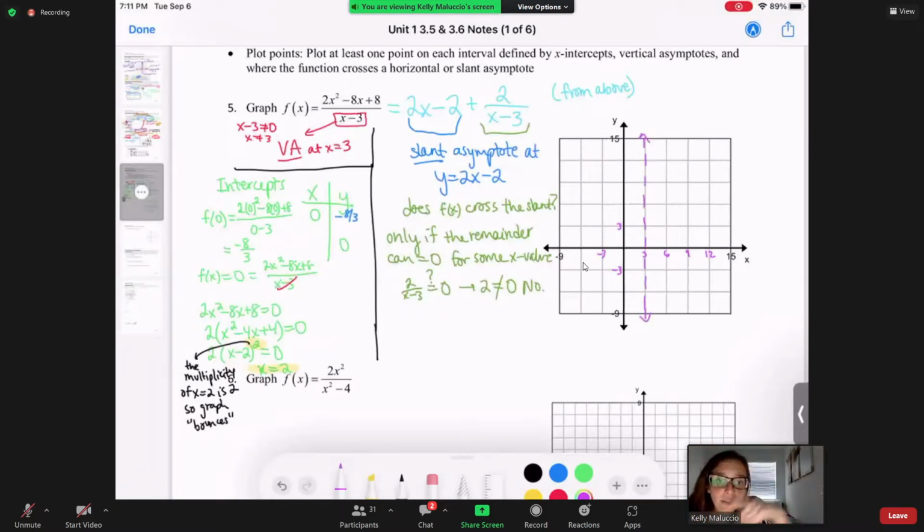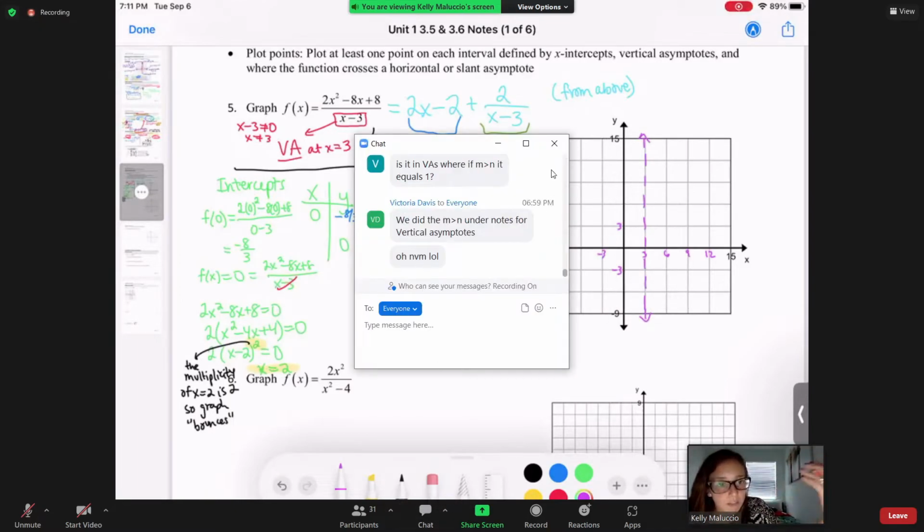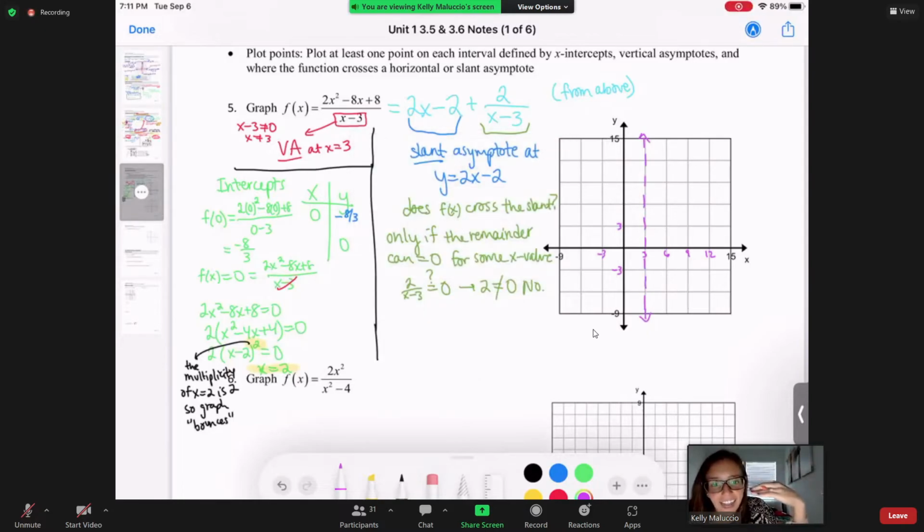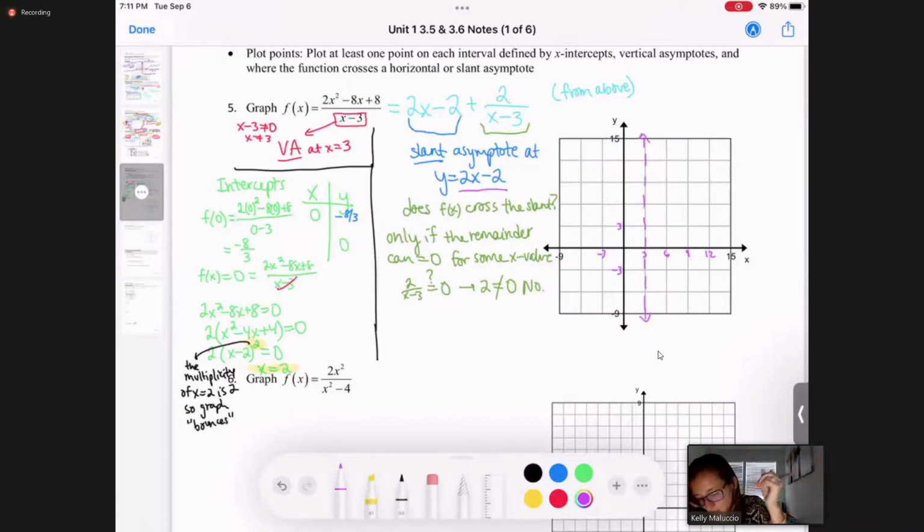My slant asymptote, because it's a slant, if it was horizontal, we could just sketch it. But because it's a slant, I'm going to plug in a few points so that I can get it as accurate as possible. So I'm looking at 2x minus 2. If x was 0, it's -2, which maybe would be like here. If x is 1, it's 0. So maybe I should plug in bigger numbers. If x is 3, 6 minus 2.